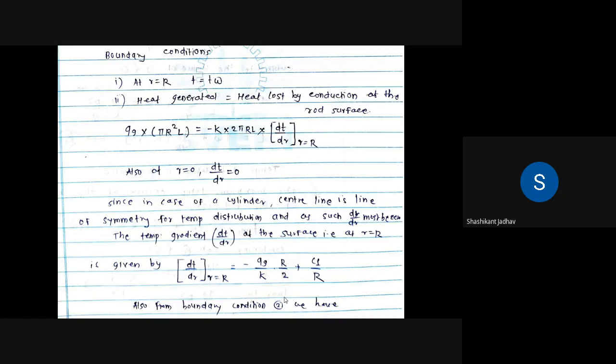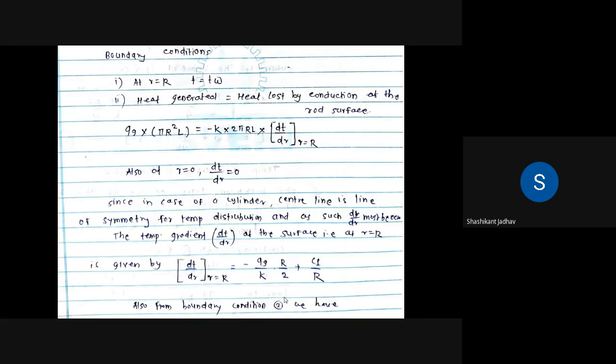Central line is line of symmetry for temperature distribution, and as such dt by dr must be 0. जर तुम्ही सिलेंडरची सेंटर लाईन जर बघितली तर त्याच्यासाठी dt by dr काय असणार आहे, 0 असणार आहे, कारण सिलेंडर हे सिमेट्रिक आहे. त्यामुळे सेंटरला जे काही टेम्परेचर डिस्ट्रीब्युशन असणार आहे ते काय असणार आहे, dt by dr is equal to 0.